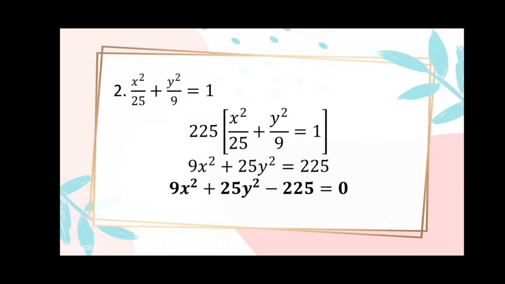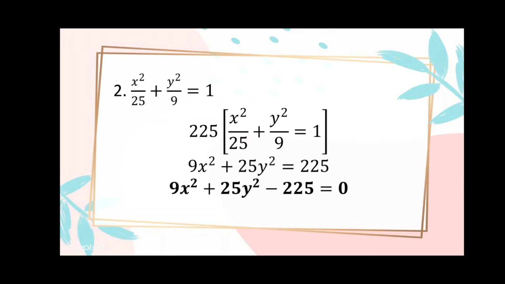225 multiplied by x squared, then divided by 25, that is 9x squared. Next is 225 multiplied by y squared. The product will be divided by 9, so the answer is 25y squared. And 225 multiplied by 1, that is 225.